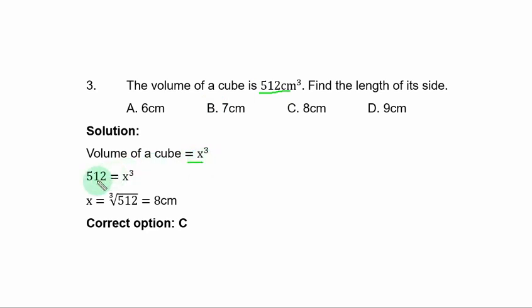The volume is 512 equal to s cubed. To get s from s cubed, you simply take the cube root of both sides. So s is equal to the cube root of 512, and that is 8. C is the correct option.